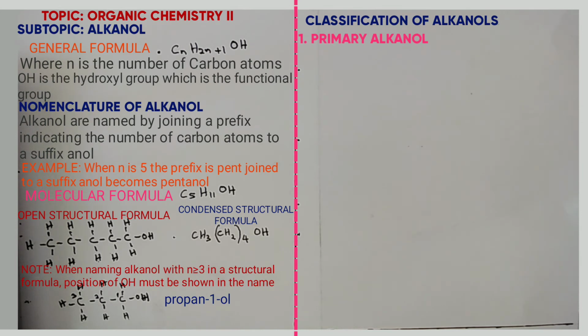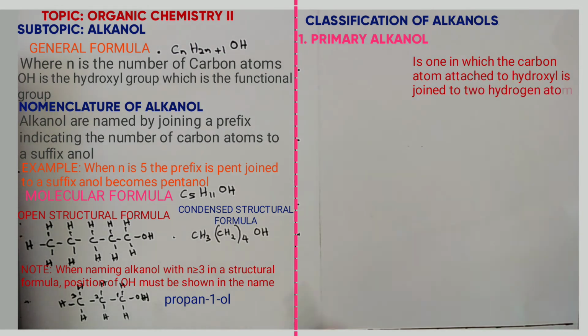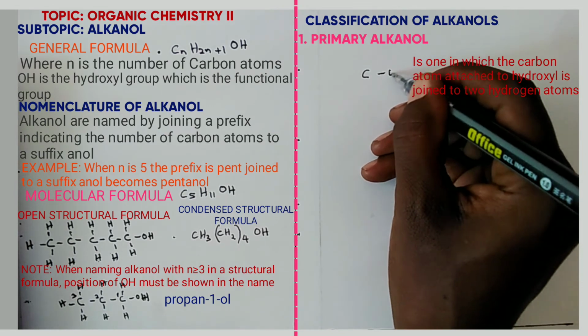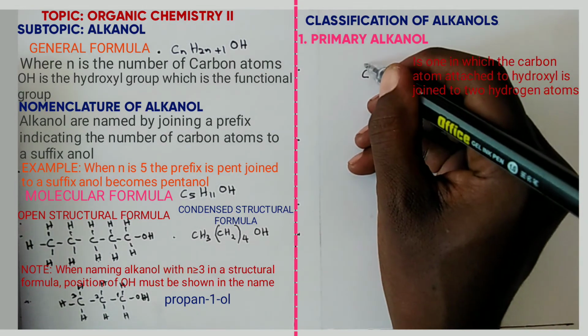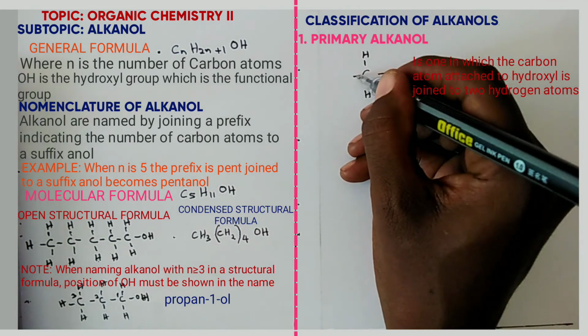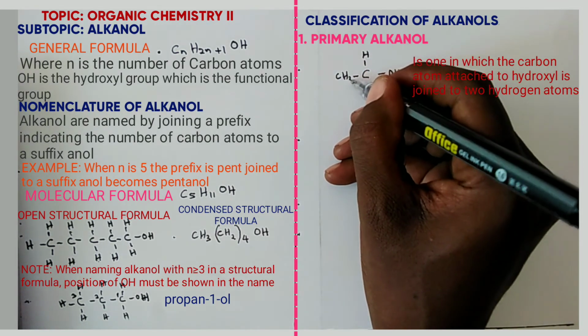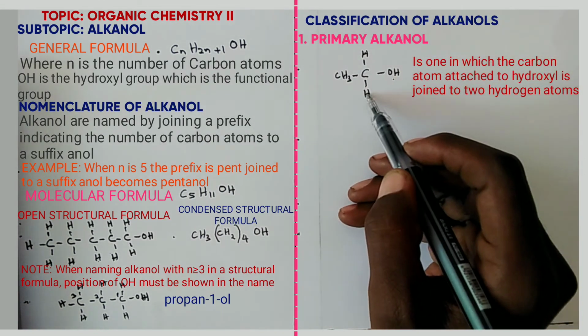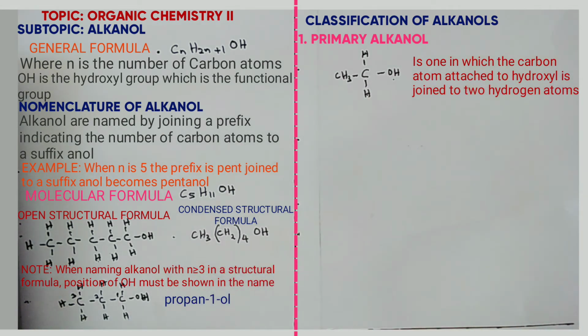A primary alkanol is one in which the carbon atom attached to the hydroxyl group is joined to 2 hydrogen atoms, as shown. So this carbon attached to OH is joined to two hydrogen atoms. That is called a primary alkanol.